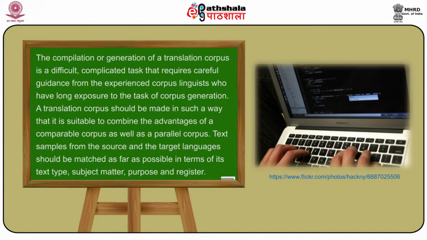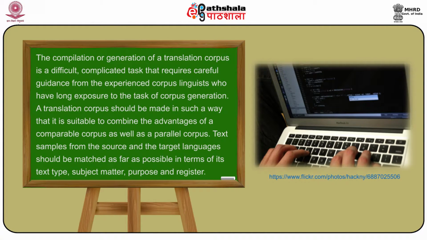The compilation or generation of a translation corpus is typically a complicated task. It requires careful guidance from experienced corpus linguists who have long exposure to the task of corpus generation. A translation corpus should be made in such a way that it combines the advantages of a comparable corpus as well as a parallel corpus.